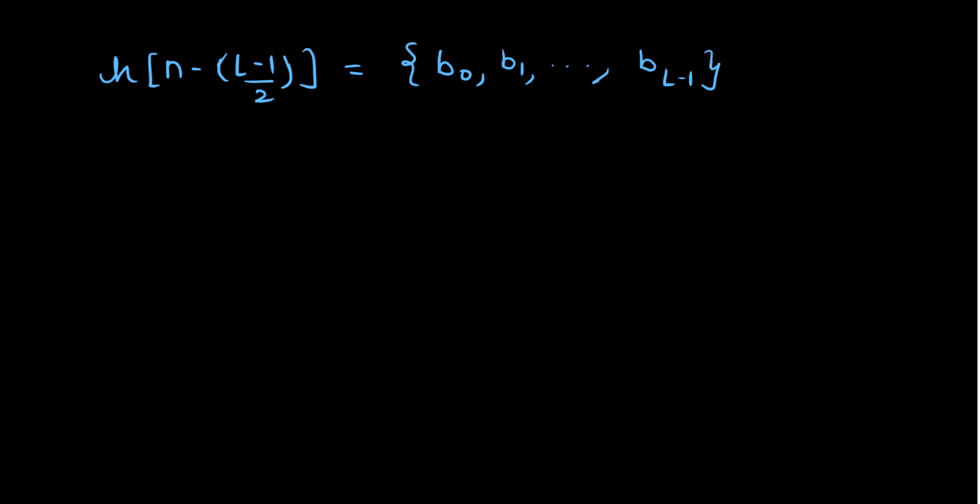This sequence exists from n equal to 0 to n equal to L minus 1, and b0, b1 and so on till b of L minus 1 are nothing but the filter coefficients.